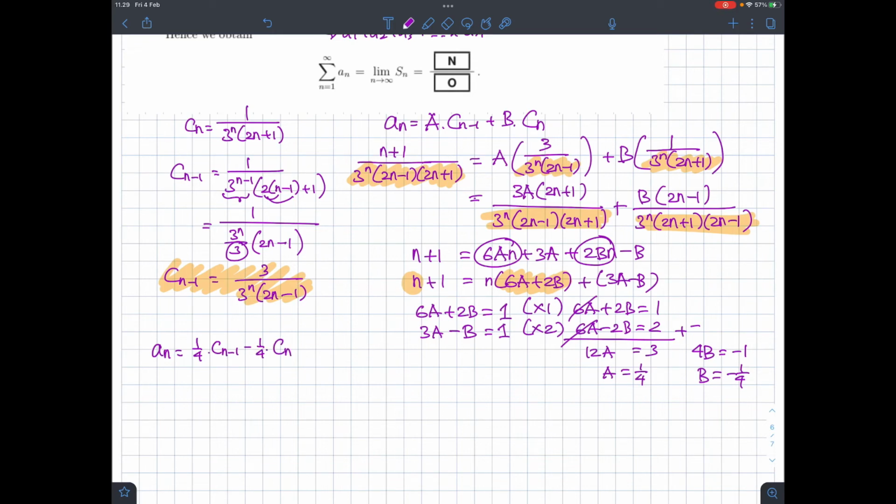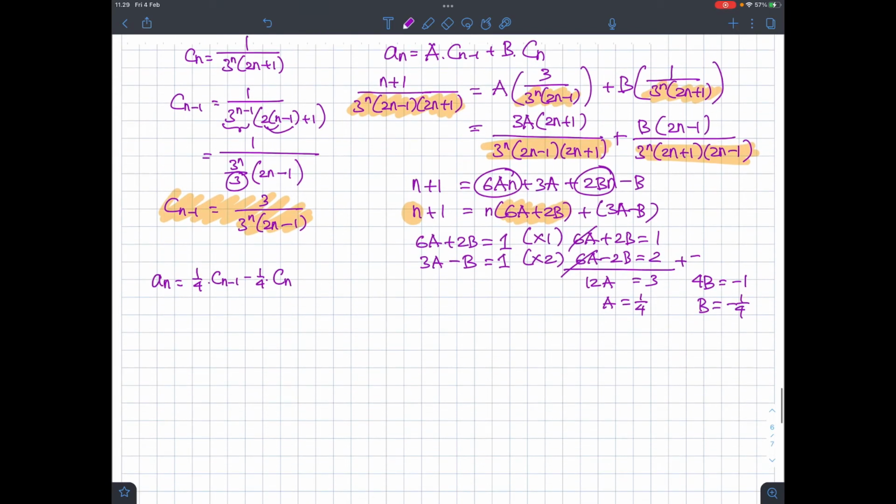Okay, from this equation we can try to substitute, let's say, n equal 1. So we have a1 equal c0 minus c1, and we continue this. a2 equals c1 minus c2, and I hope you can find the pattern.